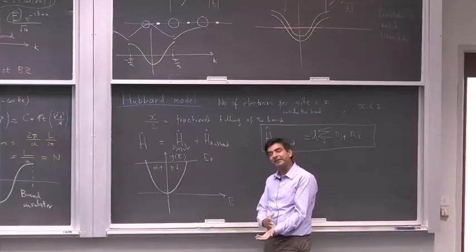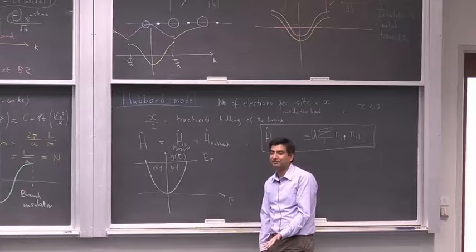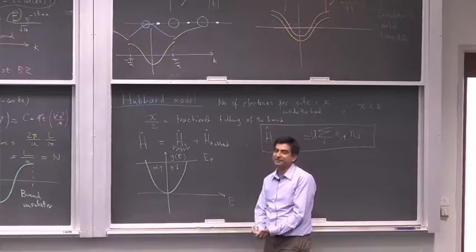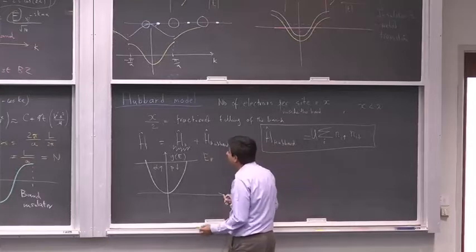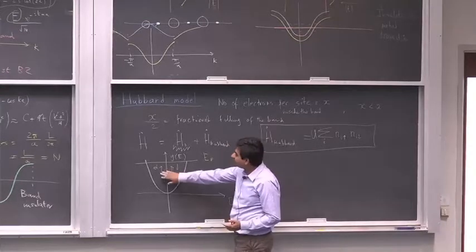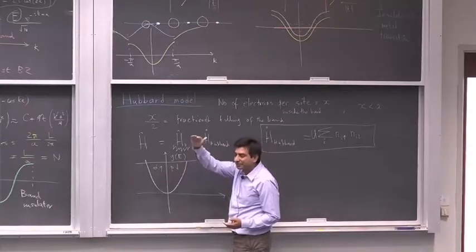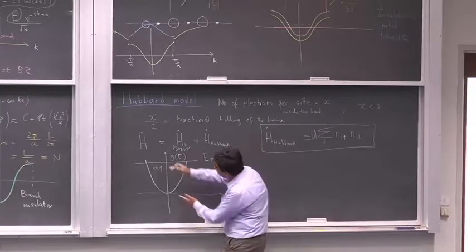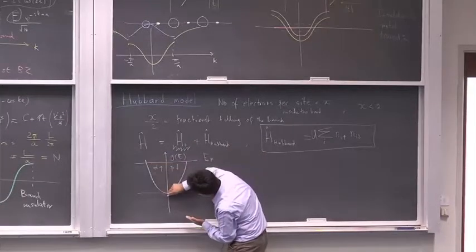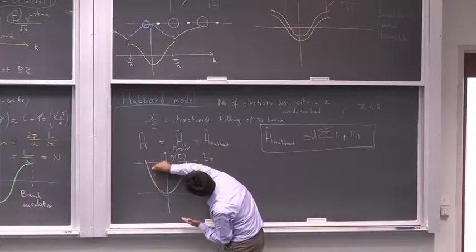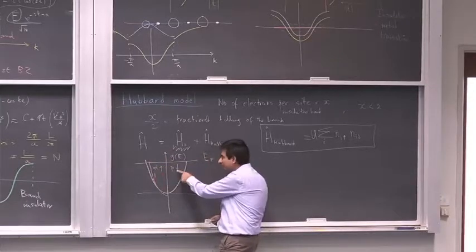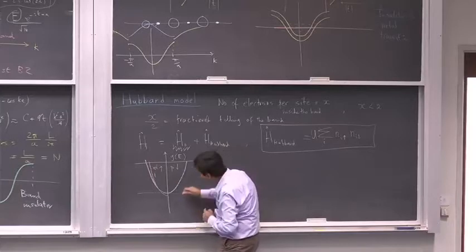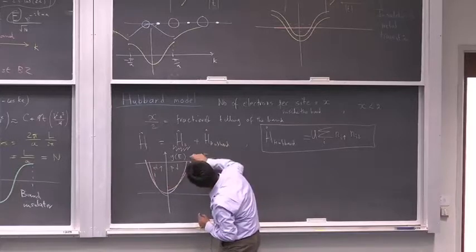So the material is not magnetic. It does not have a magnetic moment. And remember, when we apply the magnetic field, the spins that are favorably aligned, their energy gets lower. So this band shifts lower, it goes down. And this band, which has the spins aligned in the wrong direction, goes up.